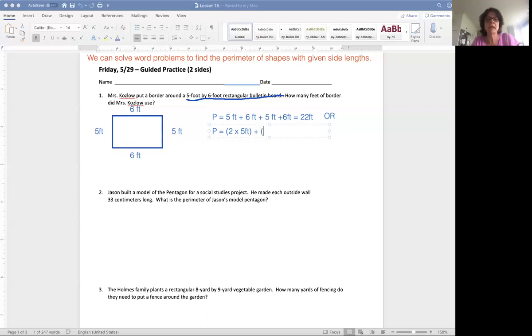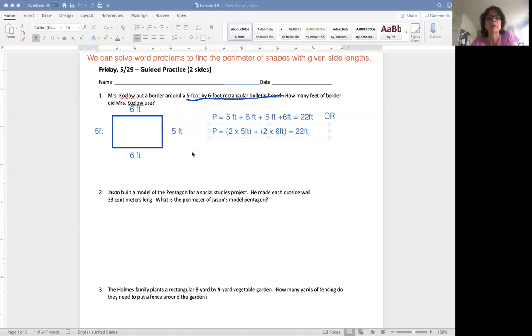So in my second set of parentheses, I would put 2 groups of 6 feet. I would still get the same answer, because 2 times 5 is 10, 2 times 6 is 12, 10 plus 12 is 22 feet. That's really your choice, boys and girls, as to which number sentence you prefer to use. I would use the one that you are most comfortable using.